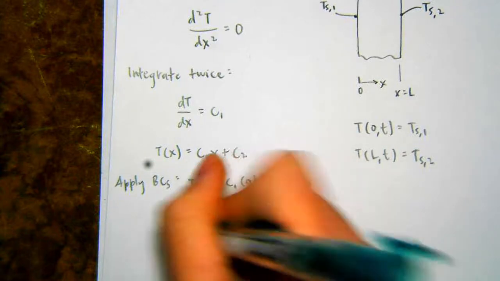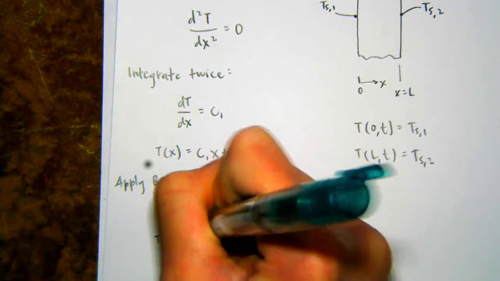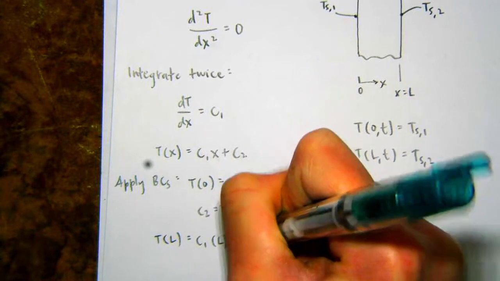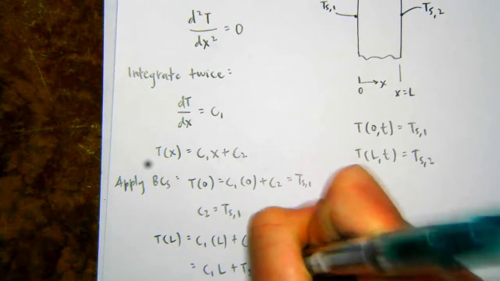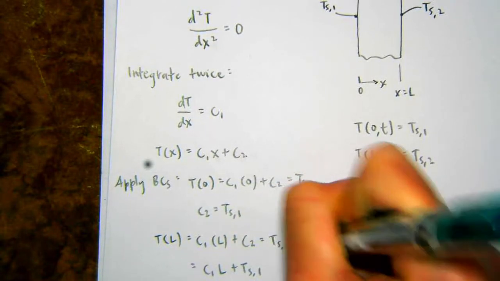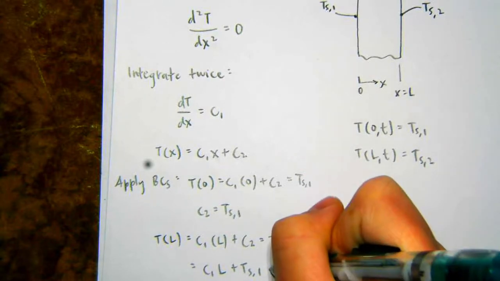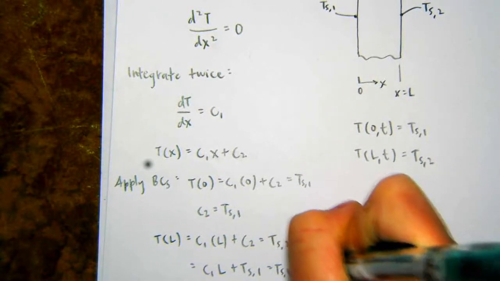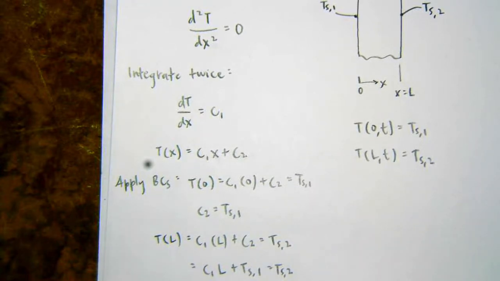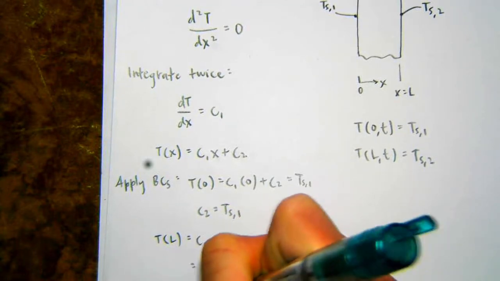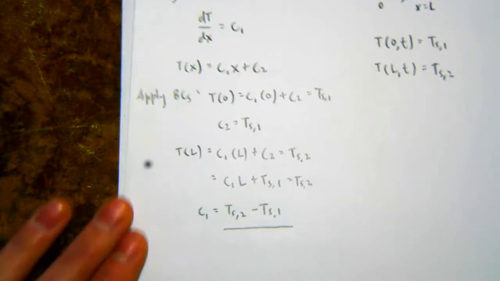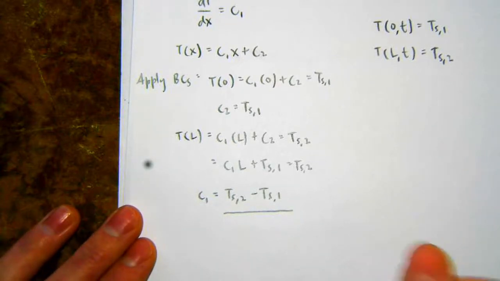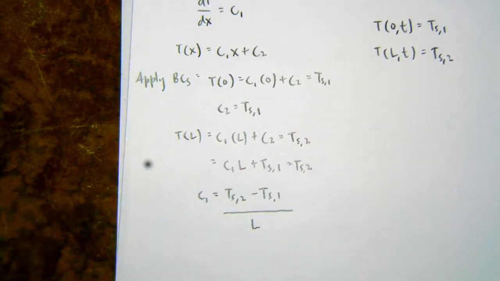And then we'll plug in the second boundary condition. And then if we solve for C1, we get the temperature difference between the two surfaces, divided by L. Give you a second to catch up on that.